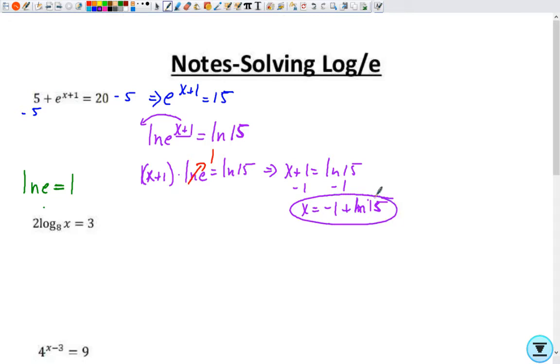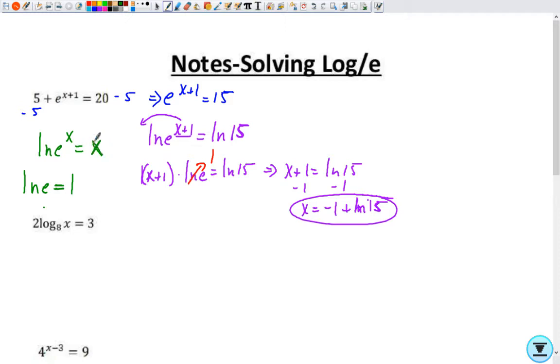So that is one way of doing logarithms. Now, the other way of doing it is using a different property. When I have this, there is a property that says ln of e to the x equals x.